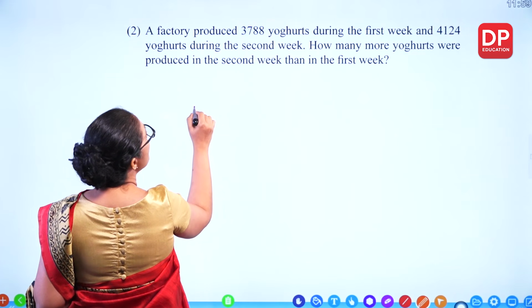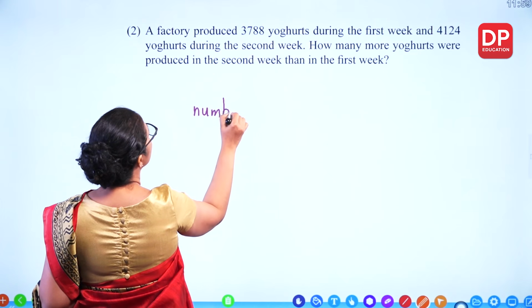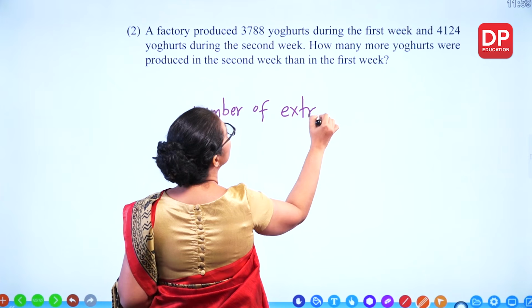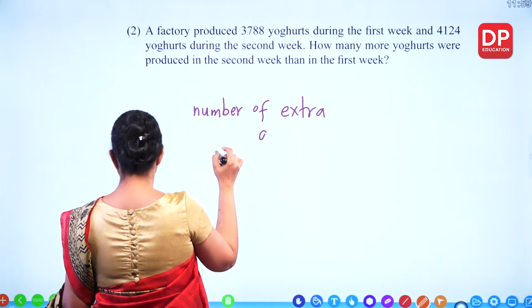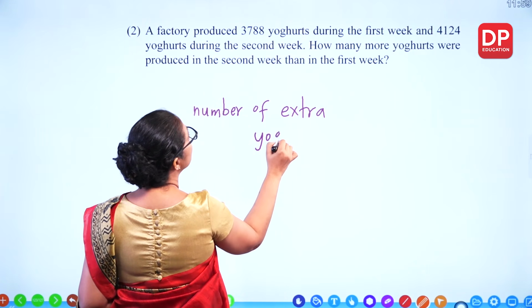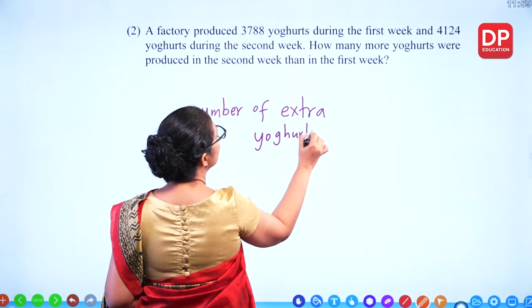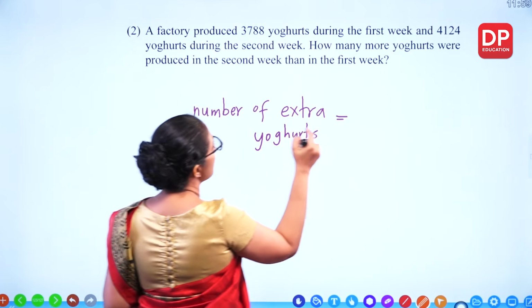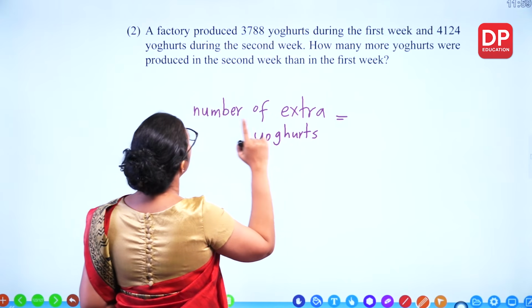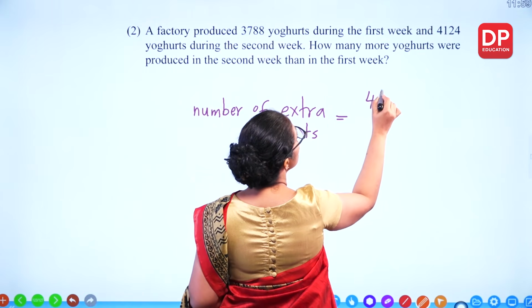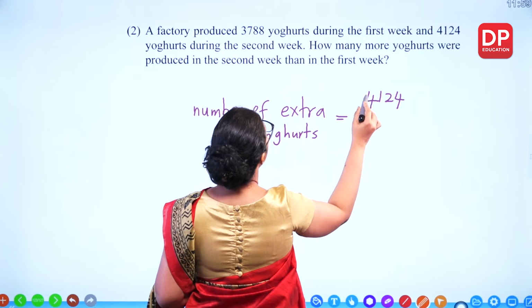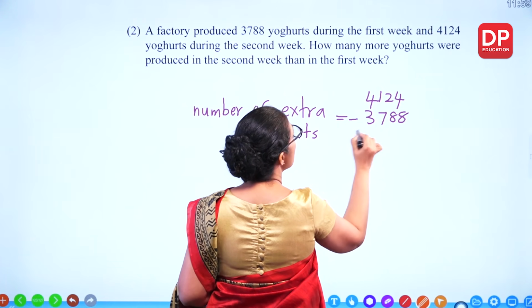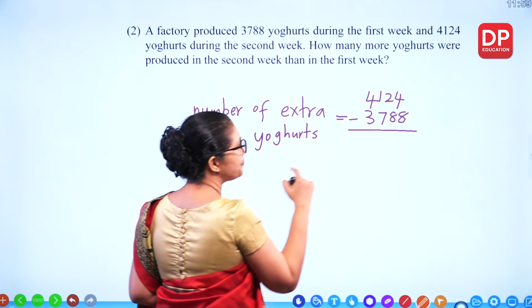So number of extra yogurts is equal to, so second week it's more, 4,124 minus 3,788. You subtract to get the difference.